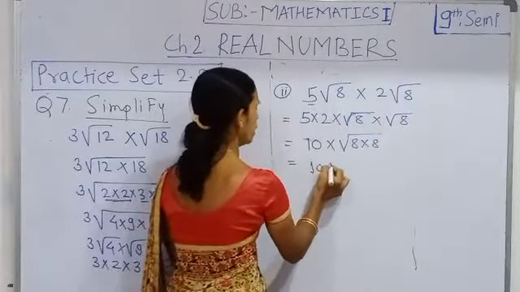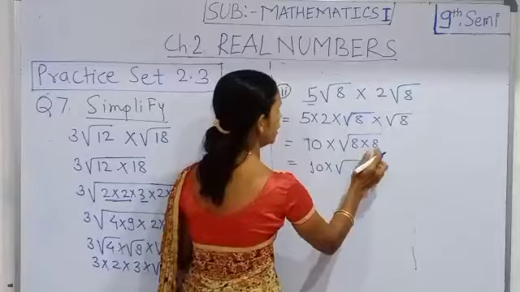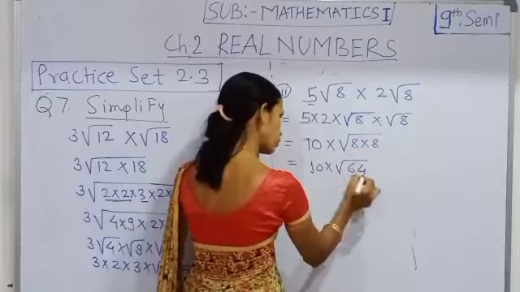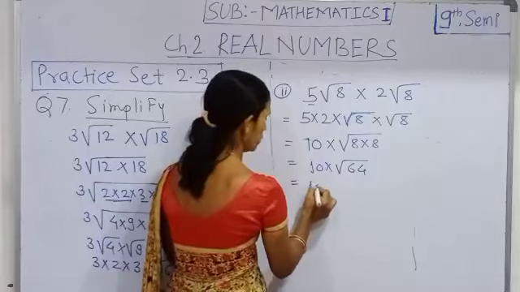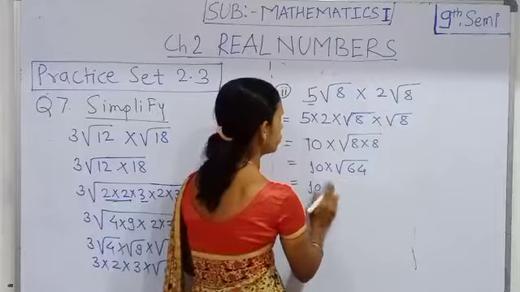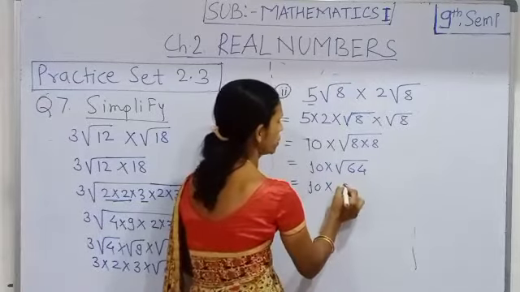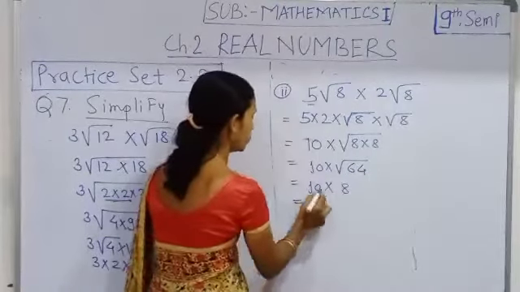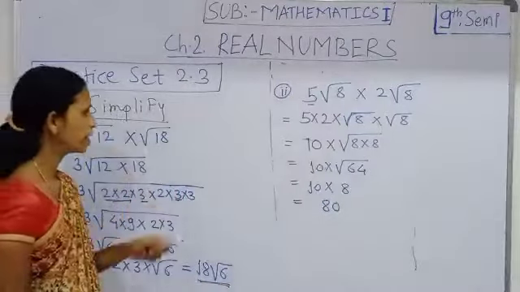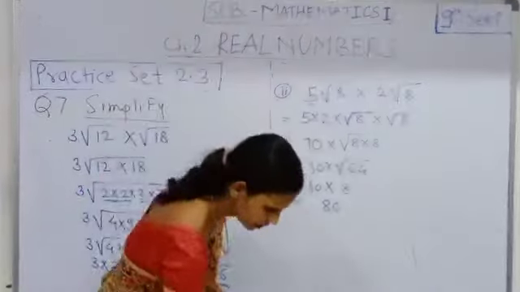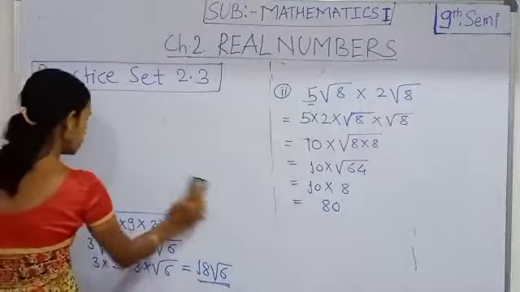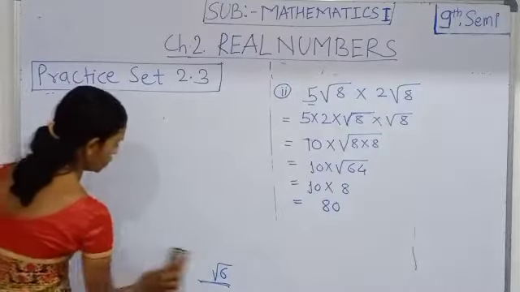Therefore 10 into root 64, that is 8 into 8 is 64. But 10 into root 64 is nothing but 8, therefore 10 into 8 is 80. Those are a few examples of multiplication of surds given in question number 7.